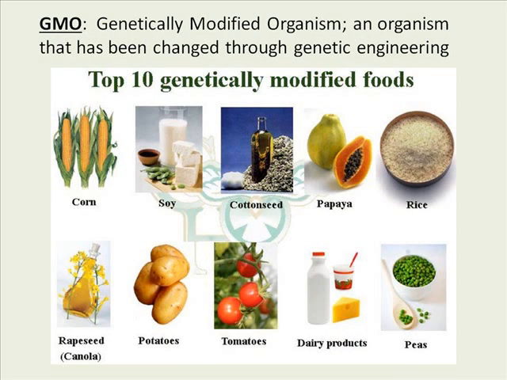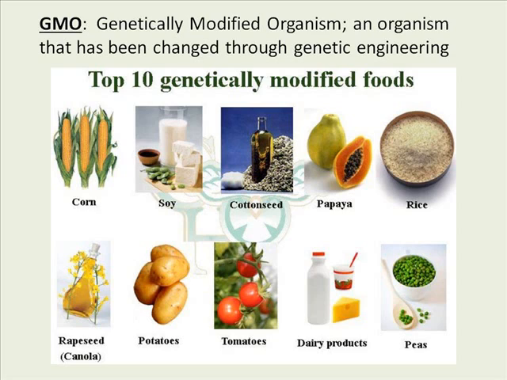The last thing we want to talk about with genetic engineering is the term GMO. GMO means genetically modified organism, and this is any organism that has been changed in some way through genetic engineering. So on this slide, I've shown that a lot of our foods are genetically modified, and you would see that on a label somewhere on the food.